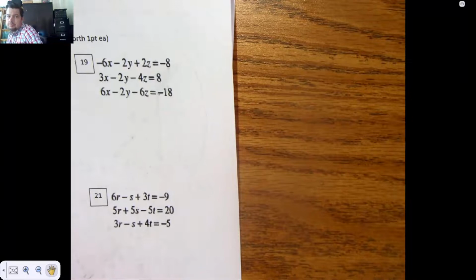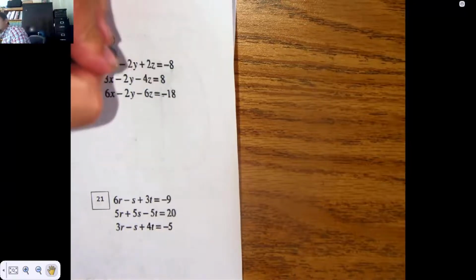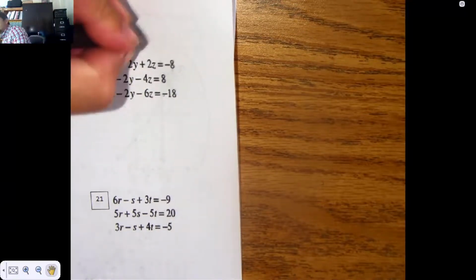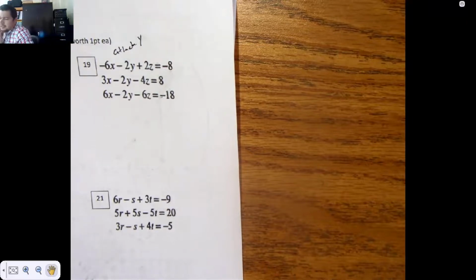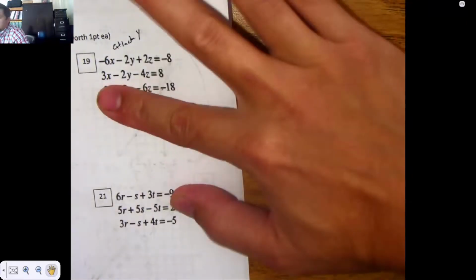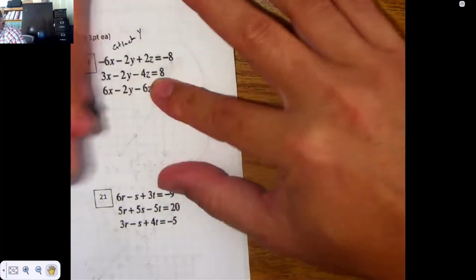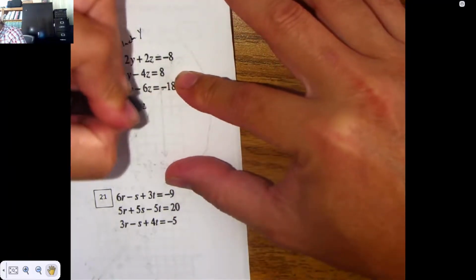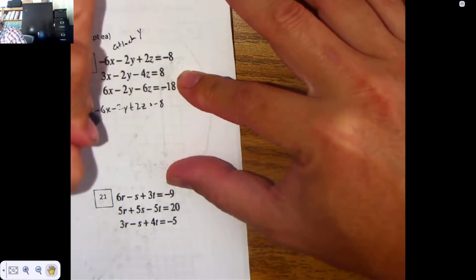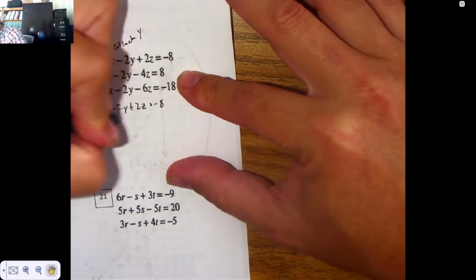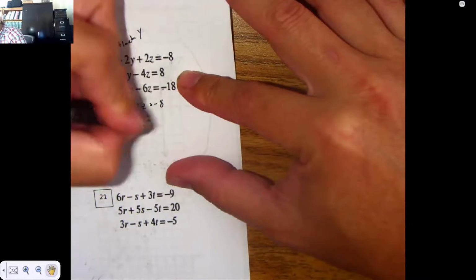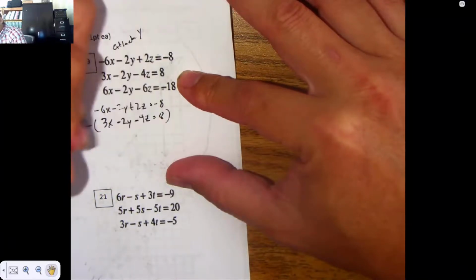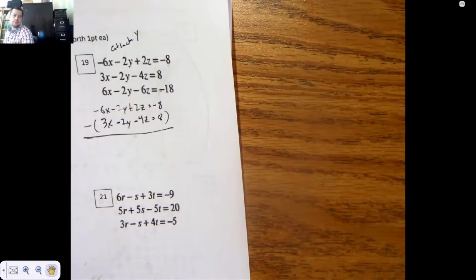19. It doesn't really matter what you attack here. Honestly, I'm going to go after Y. So attack Y. I think it's the easiest one. I would love to shorthand this just to save time, but I'm going to subtract equation 2 from equation 1.